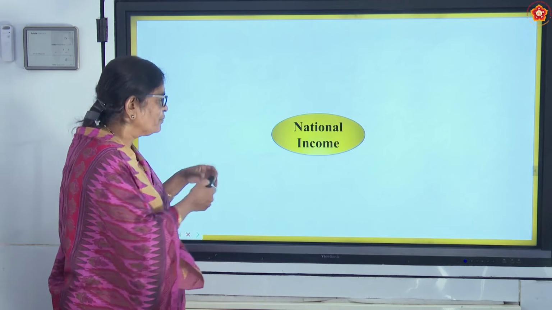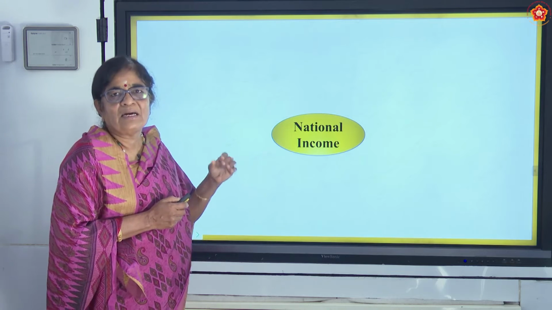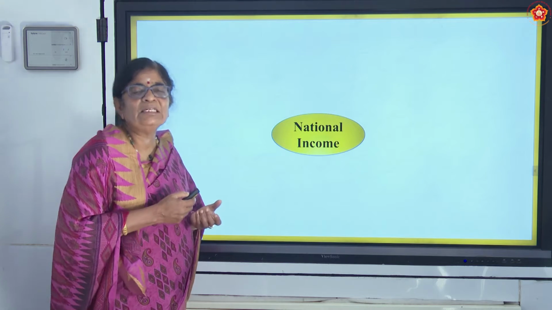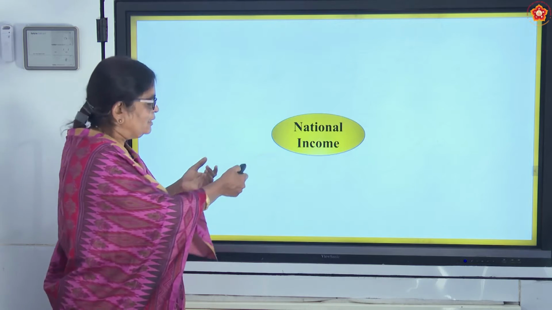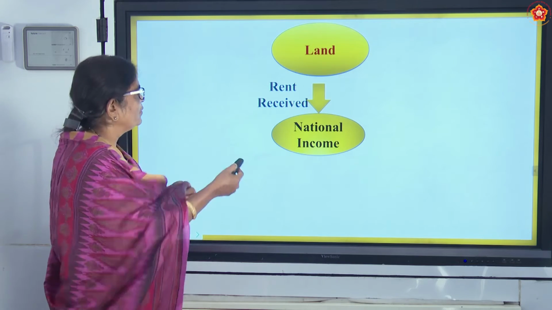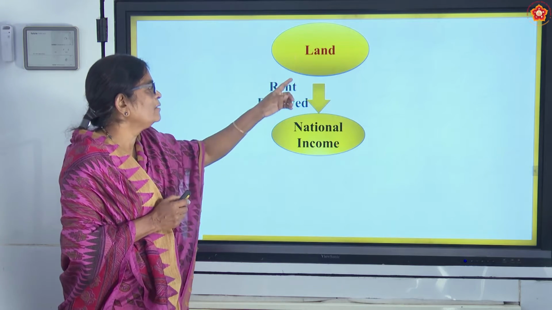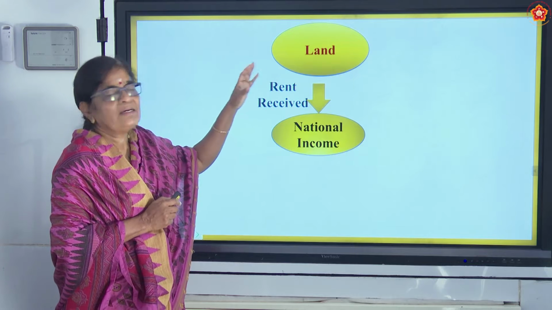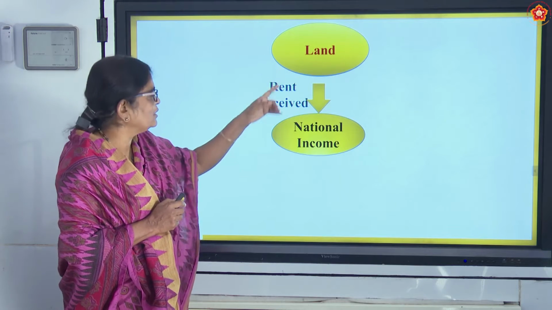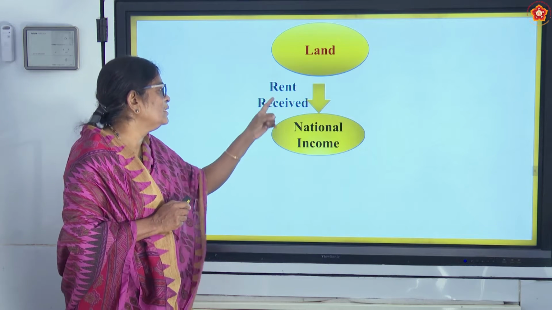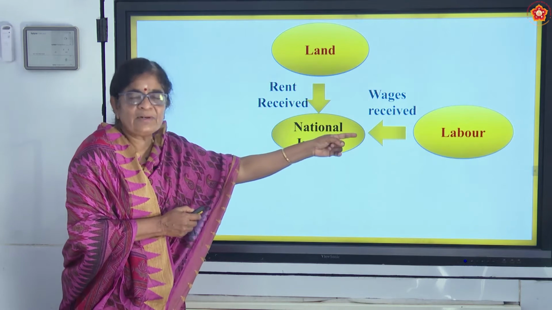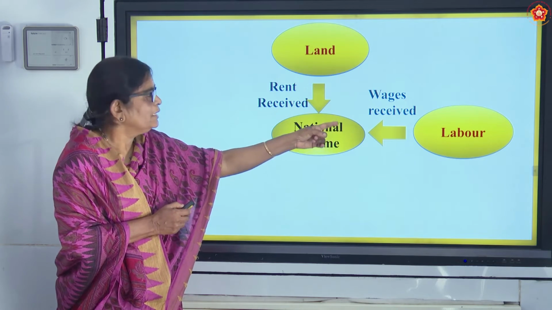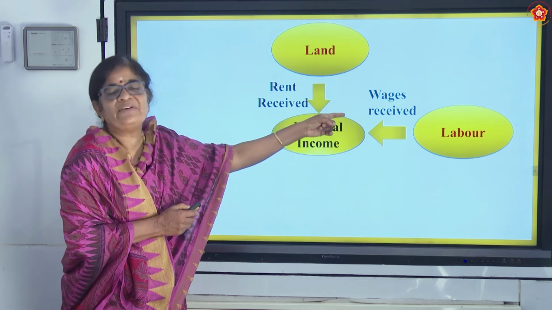Here we are going to see the income method. How are we going to derive GDP, national income, through the income received by the factors of production? For instance, by supplying land as a factor of production, the income earned is called rent. The supply of labor earns income in the form of wages.